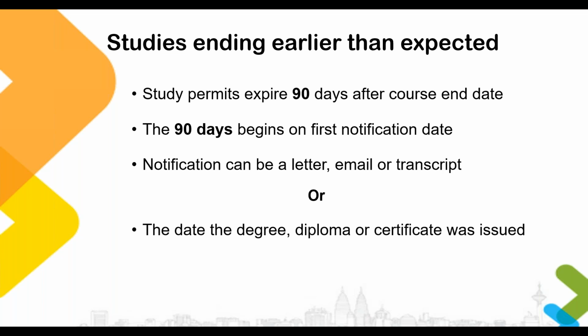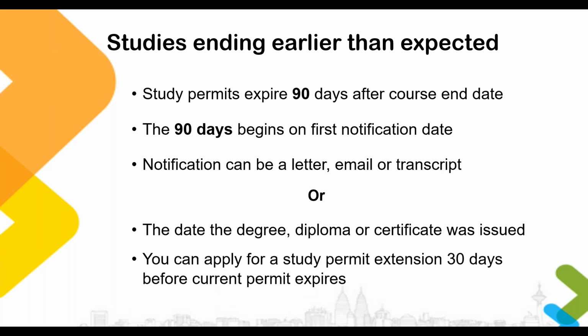Now, the date you receive your degree, your diploma, or your certificate is also another form of them counting down to say this is when your 90 days begins, okay? And again, you can definitely apply for a study permit extension 30 days before the current one expires.